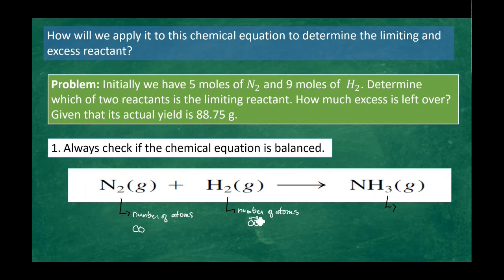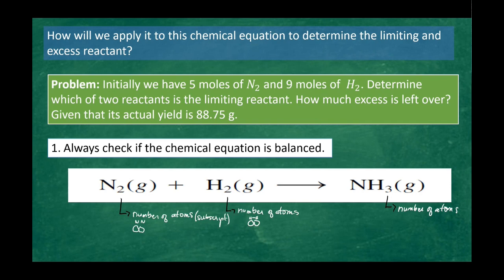Then we have here nitrogen. Same here in our ammonia. We have also the number of atoms. But how about this one? We don't have a subscript. This one is called a subscript.